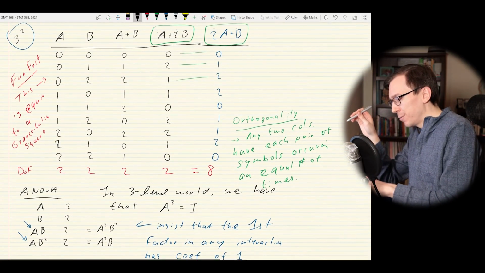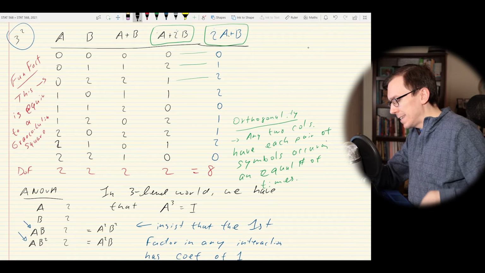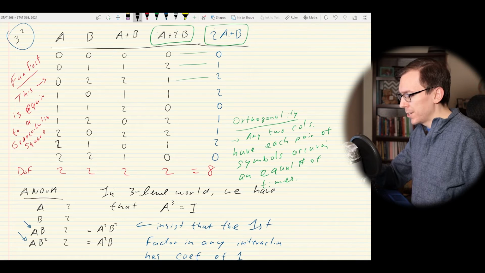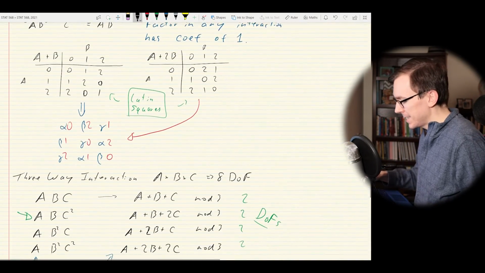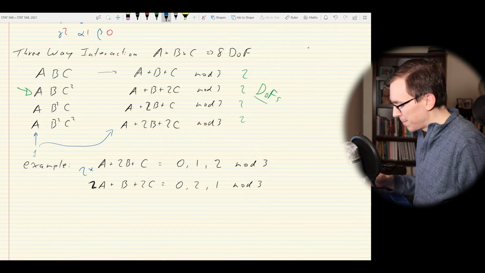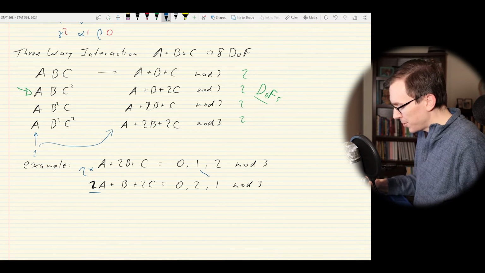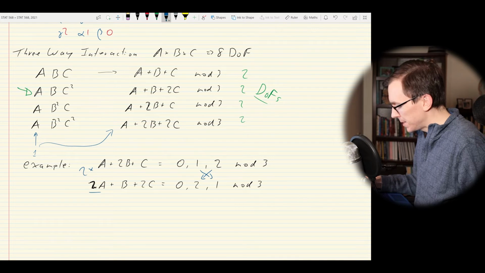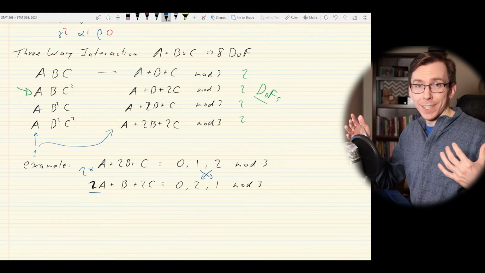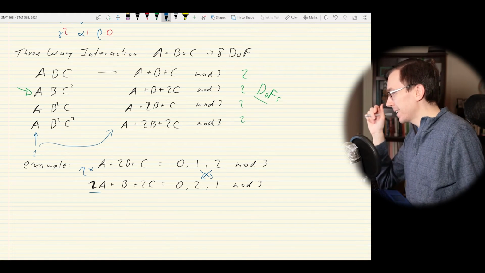Remember, when I tried to add in that blue column, I said that 2A plus B coincides with A plus 2B because of the way the symbols line up. I've swapped the position of 1 and 2, but otherwise everything is the same. That's exactly what would happen down here. By multiplying by 2 and getting a 2A out front, I've swapped the position of 1 and 2, but those two interaction terms are equivalent mathematically.